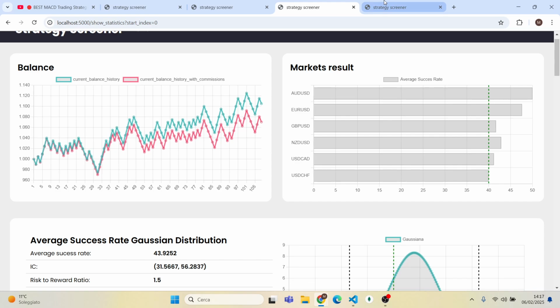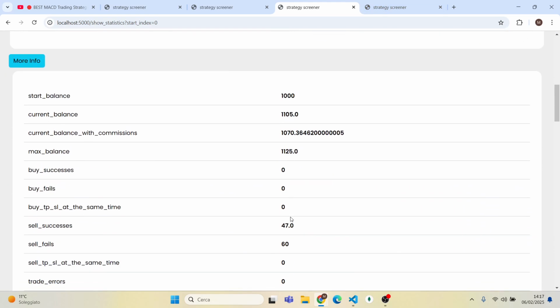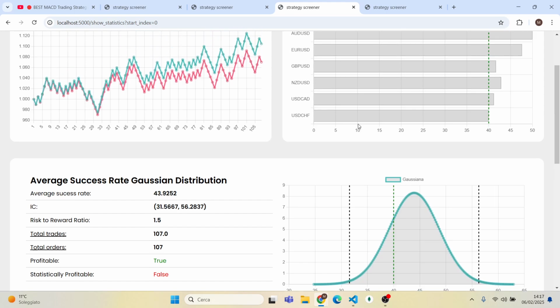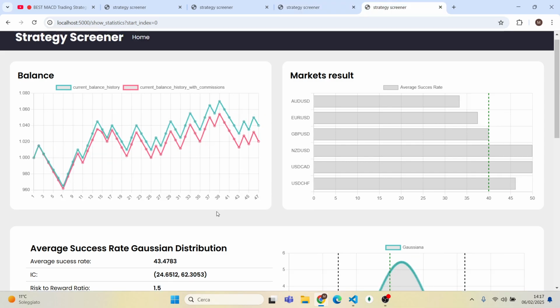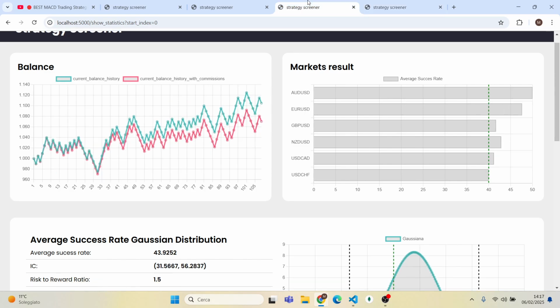Probably not. We have made some profits, but considering that these are the last 3 years of data on the 15-minute chart, from a starting account of $1,000, you would have made about $200 profit. So between 18 and 20% profit on your starting account.